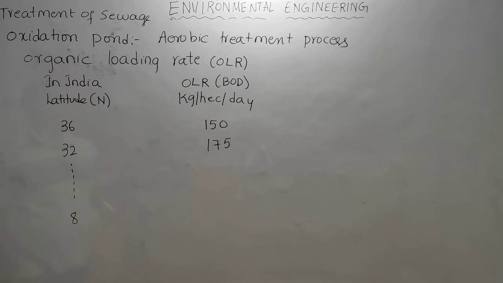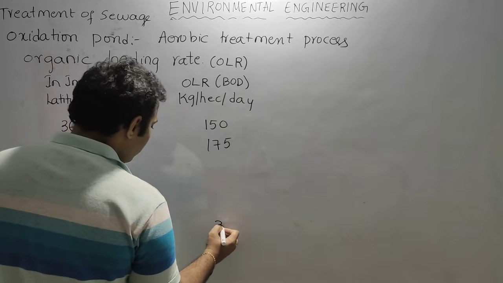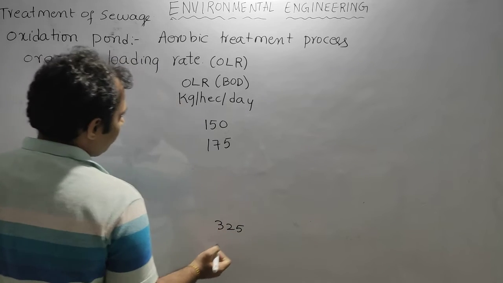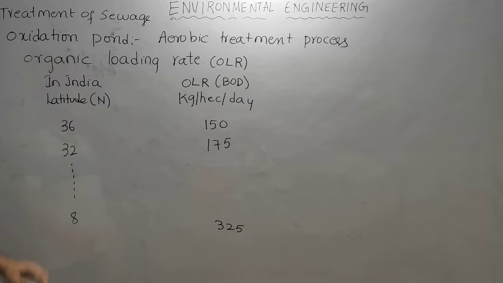So here the organic loading rate will go up to 325 kg per hectare per day. So likewise, if you are moving from Jammu Kashmir to Tamil Nadu, Kanyakumari, or Andaman Nicobar, this is how the organic loading rate varies in India. That value will be given to you anyway in the examinations. Don't worry.